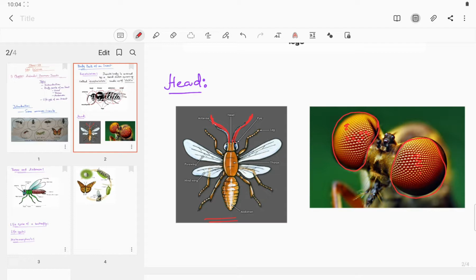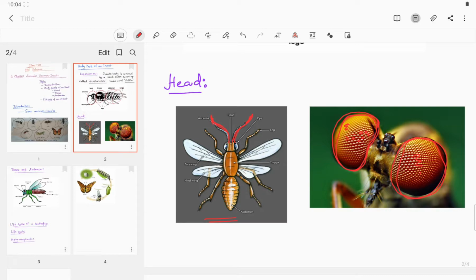They also have compound eyes which are made up of several smaller eye units. You can check, this is the zoomed-in picture of the eyes of an insect, right?